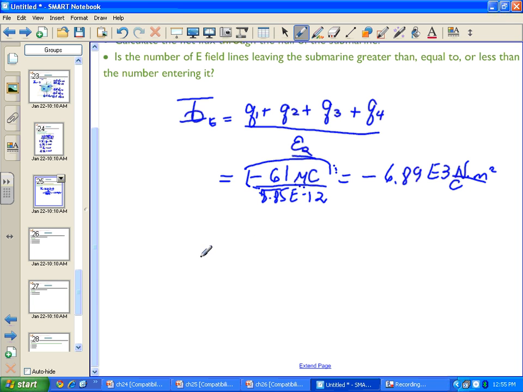Now, something which I'd like to do so that we gain a little bit of practice here is, let's just say that instead of discrete charges, we were to have a line of negative charge. This line of negative charge is quite long.